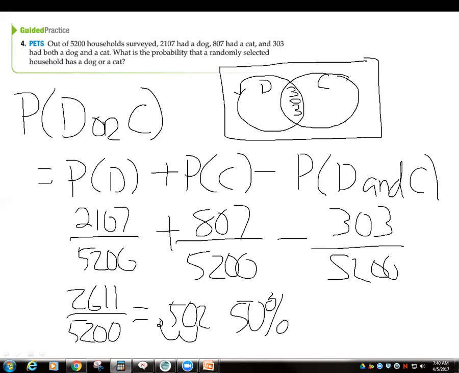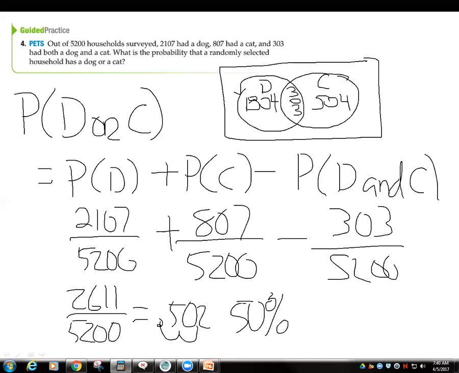So if I want the houses that just have a cat, I subtract that from 807, which gives you 504. So 504 of the houses just have cats. How many just have dogs? We'd have to do 2107 minus the ones that have dogs and cats, so minus 303, which gives you 1804.